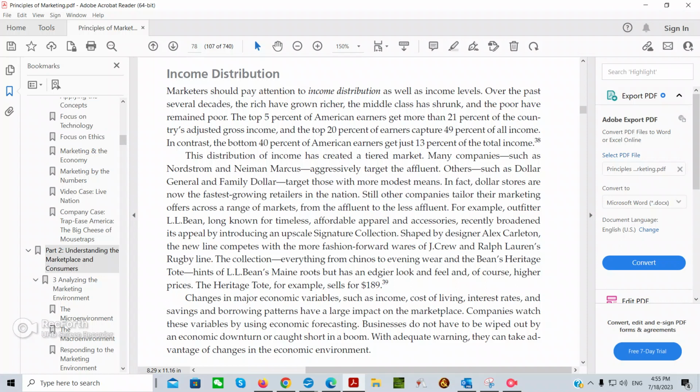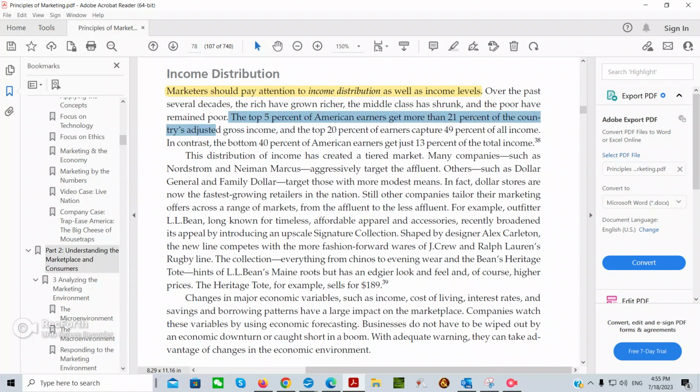Let's talk about income distribution. Marketers should pay attention to income distribution as well as the income levels. So basically, this is the potential disposable income that the consumer has. Over the past several decades, the rich have grown richer, the middle class has shrunk, and the poor have remained poor.